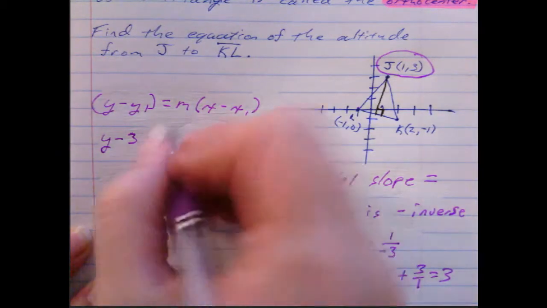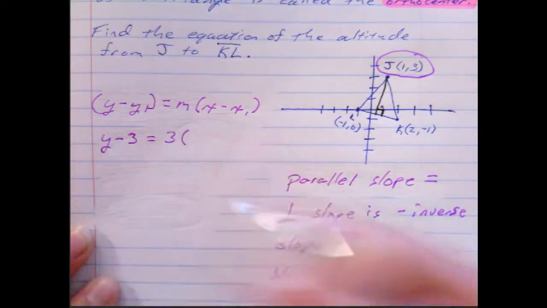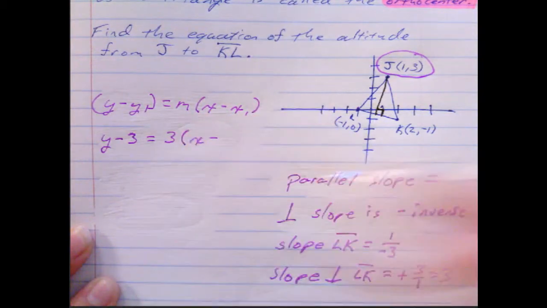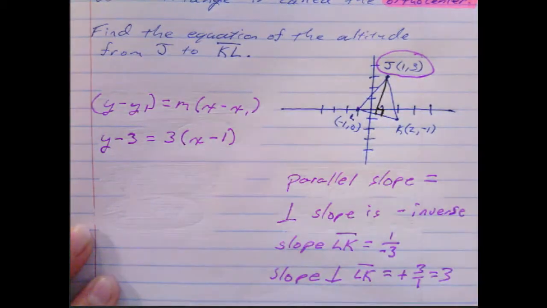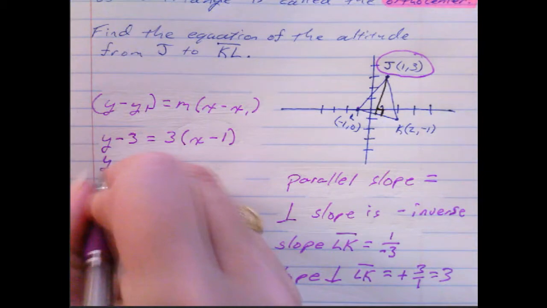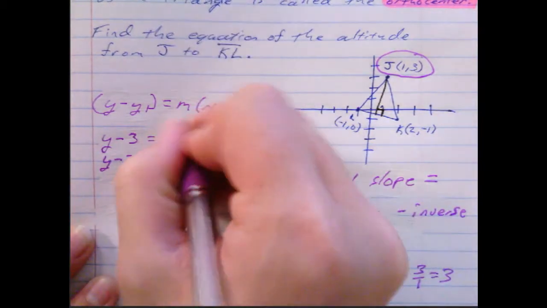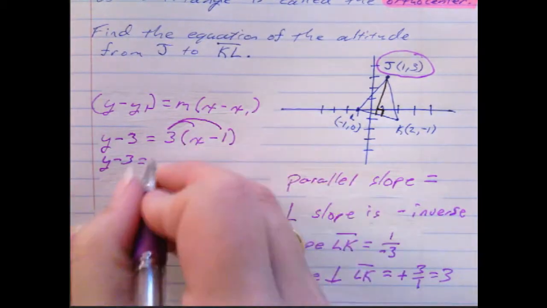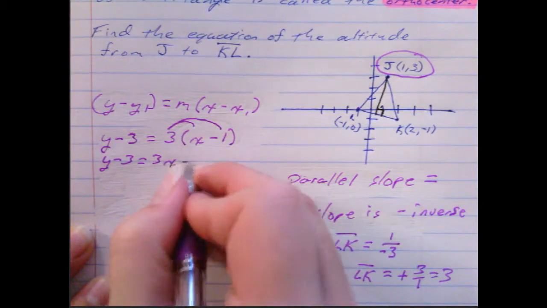Our slope is 3, so 3 times x minus the x value, which is 1. So we have all of that plugged into our equation. So then we're just going to distribute. So y minus 3 equals, distribute our 3, 3x minus 3.